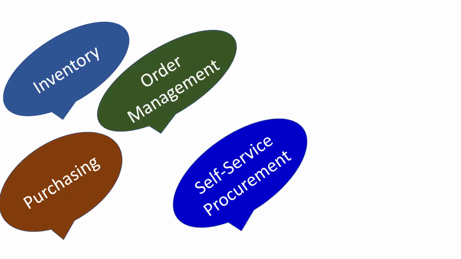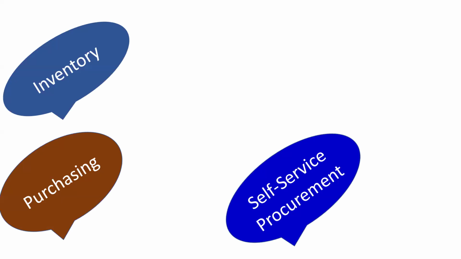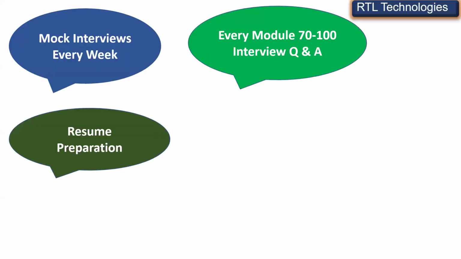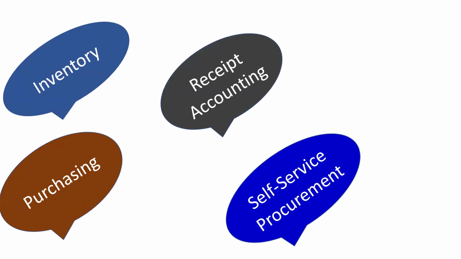Sometimes they ask this combination, self-service. Sometimes they ask other combination, but you should be eligible for any requirement. That's how we have to get the training. So once we learn three modules, learning the fourth module will be very easy because you got the complete idea about the product.